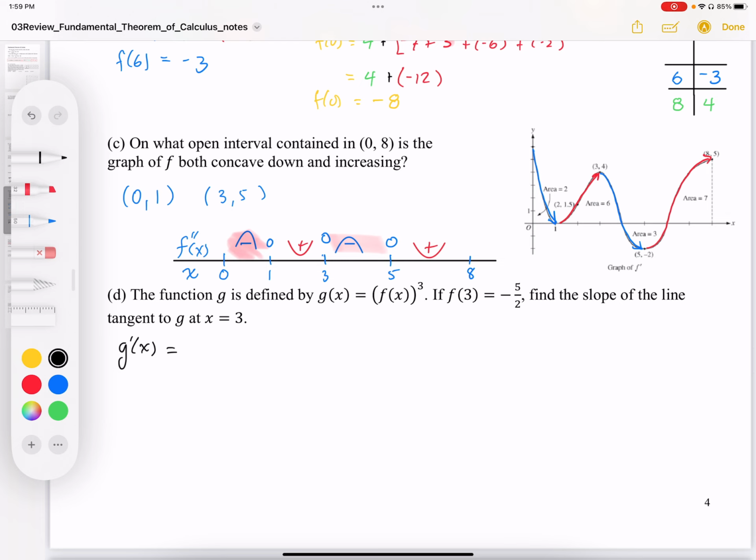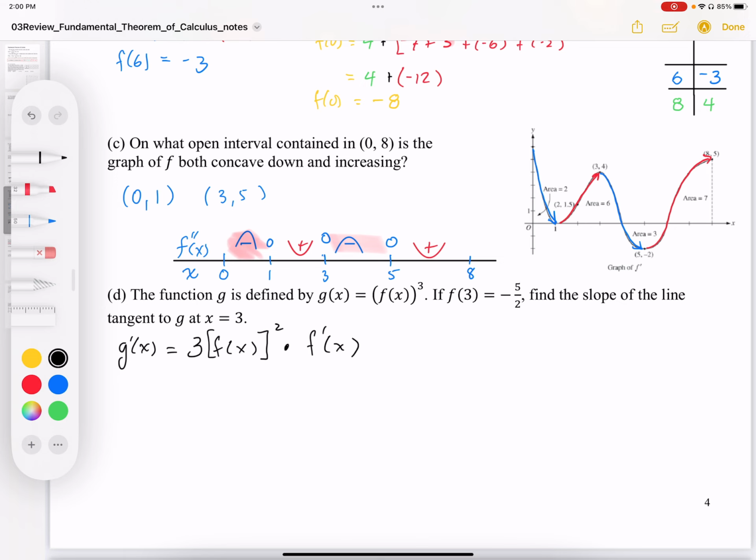We need to differentiate this implicitly, so I'm going to differentiate the outside, the cube. So we get 3 f of x squared, and then I go to the inside of that to get f prime of x. Okay, so I've differentiated the notation.